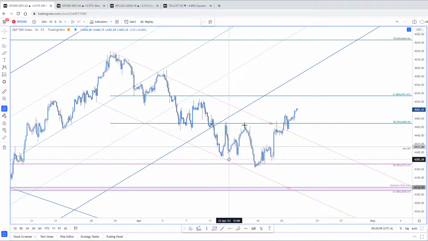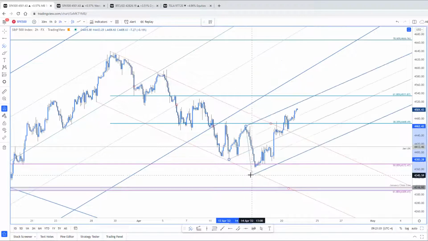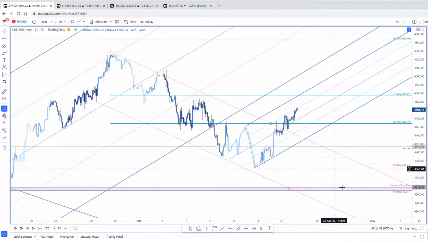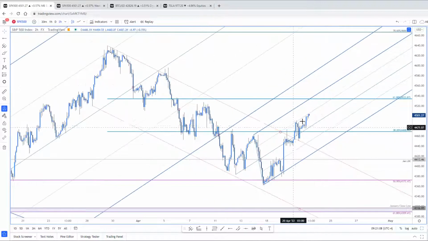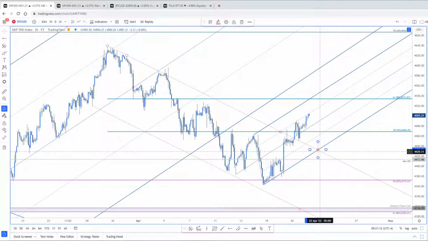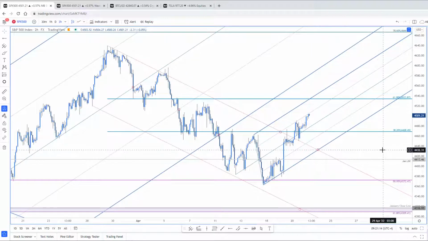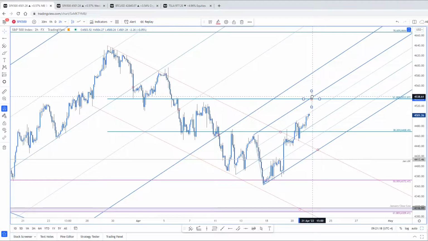Too early to put too much emphasis on yet, but a possible upslope on the 2-hour gives us resistance right here, and keeps us constructive while above 44.30 on the top side. Still looking at 618, you're 45.33.